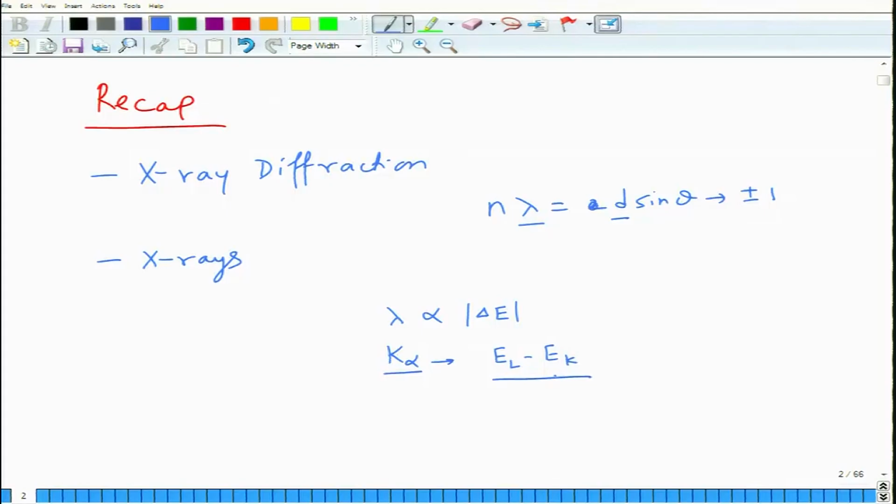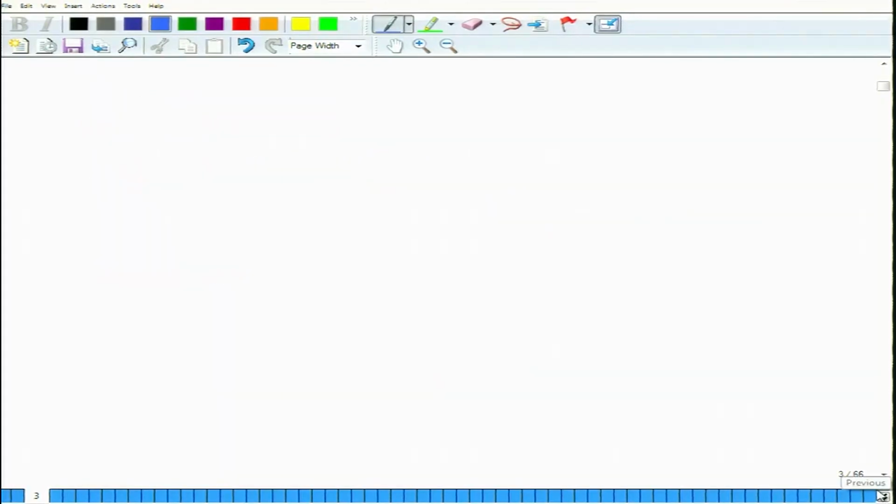If this is your K shell and this is your L shell, then the L shell has 3 subshells: L1, L2, L3.